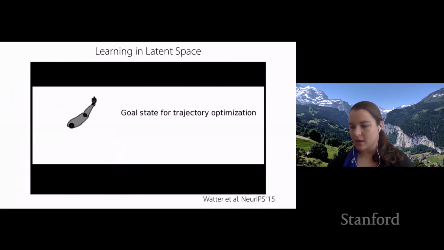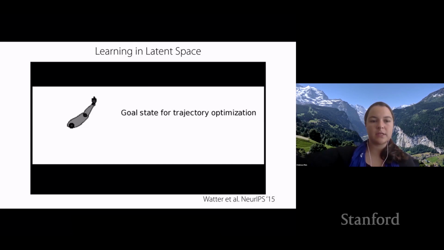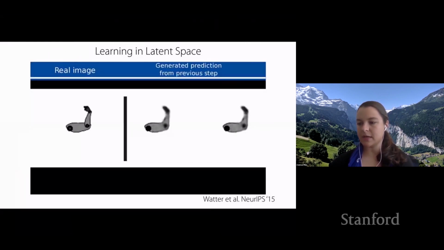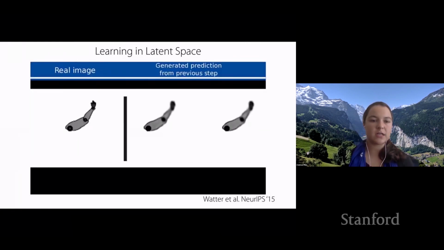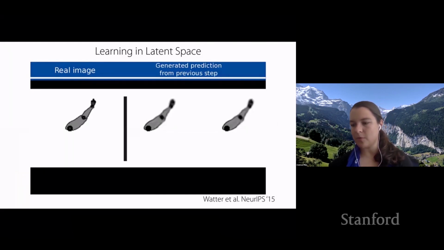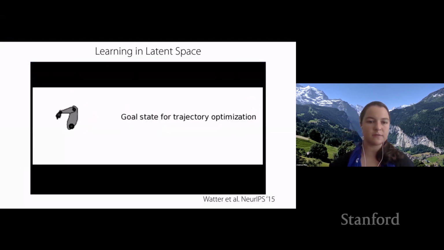And in this case, they were trying to reach different goal states. As an example, they would give it a goal state that looks like this, where the arm is reached out to the top right. And then here's an example of a trajectory that's trying to reach that state. You can see both the trajectory of the arm on the left and also the prediction from the previous time step. So these are reconstructed images of the state.